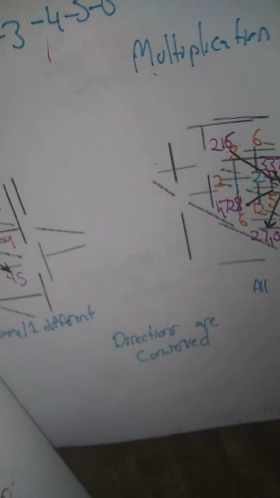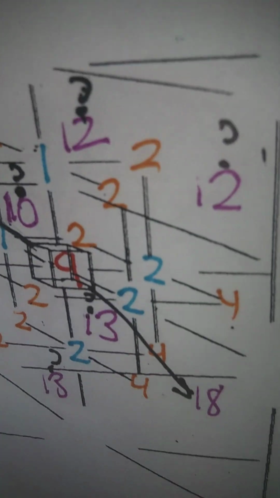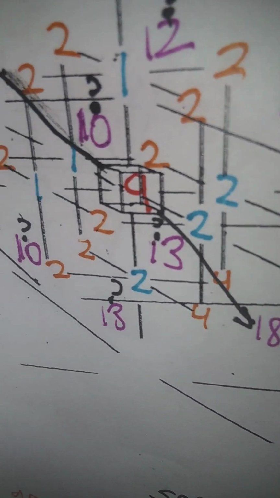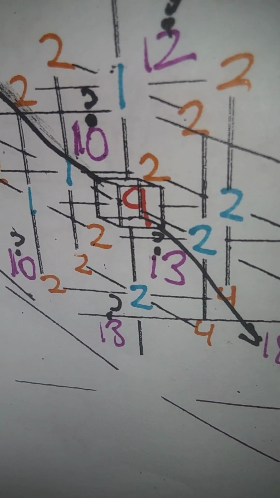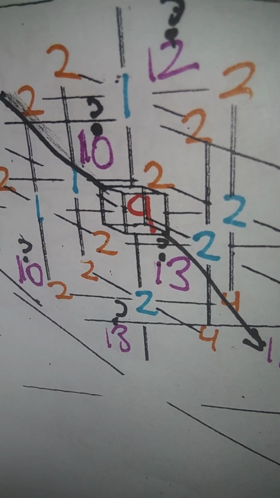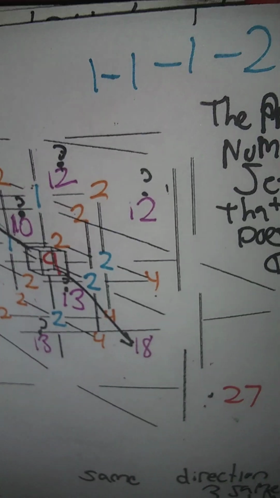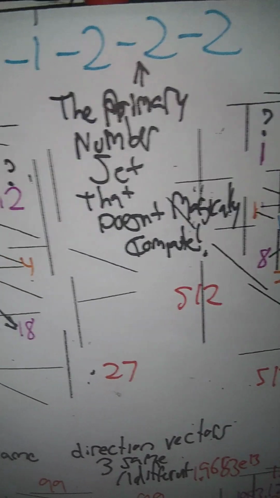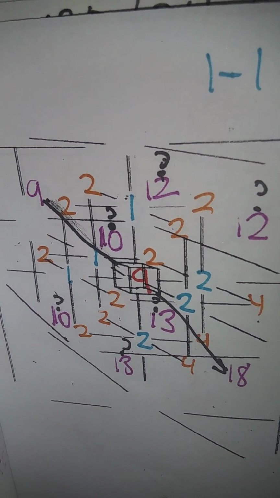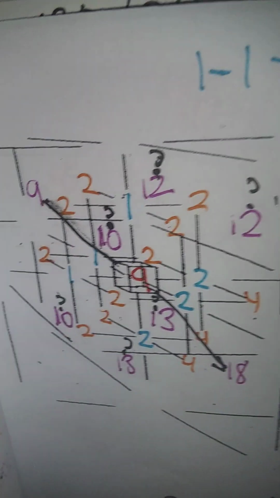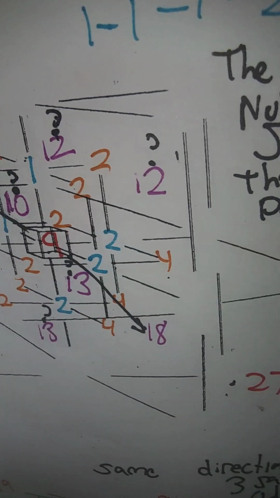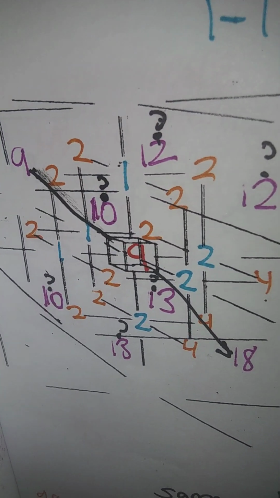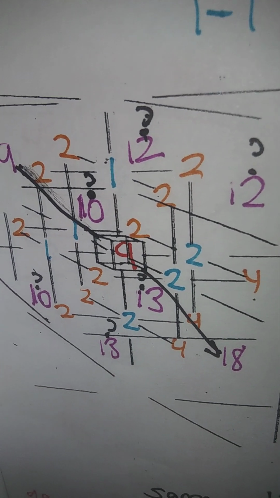Then I decided to see, if we can do 1 2 3, 1 2 3, why not 1 1 1 and 2 2 2 wrapping around it. This is where I found the primary number set that doesn't magically compute. It shows 9 and 18 equaling 27 at that special diagonal, and the rest don't add up to 9 three times.